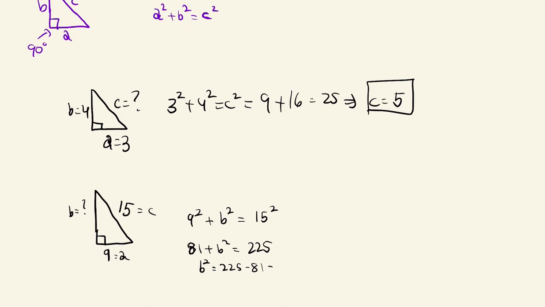So this is 144. That's b squared. And so that tells you that b is equal to 12. And now you have all three sides. So those are the two ways. You just have to remember which one is C. So the first thing you should always do is identify what the hypotenuse is before you do anything else.